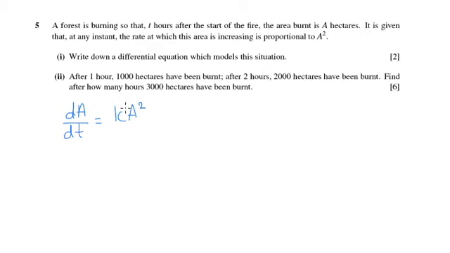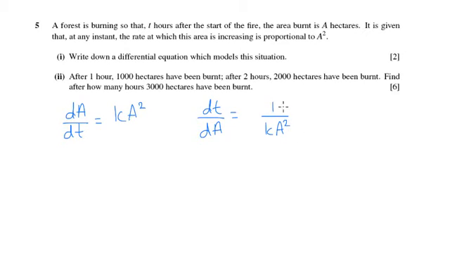So we're going to need to start off by working out the equation linking A to T based on this. So first thing is to flip it over. It's not in the right form at the moment.